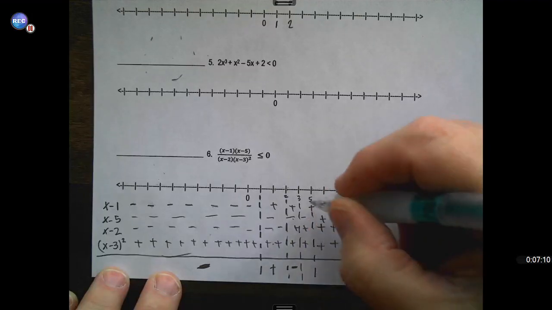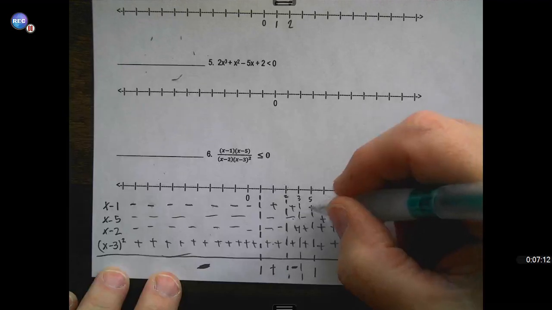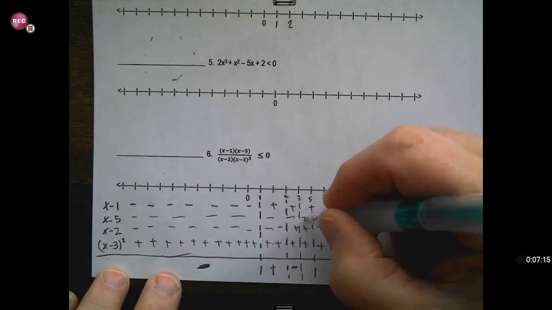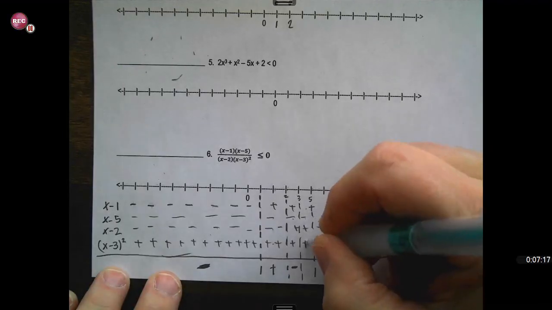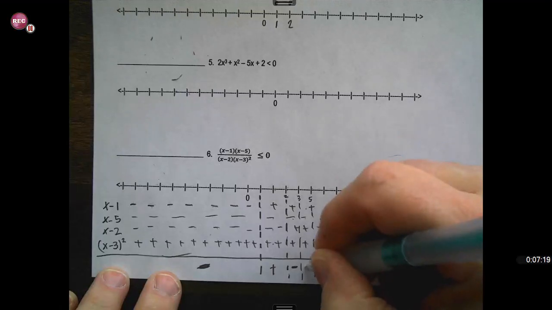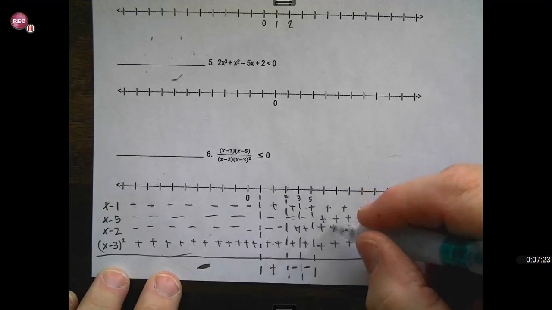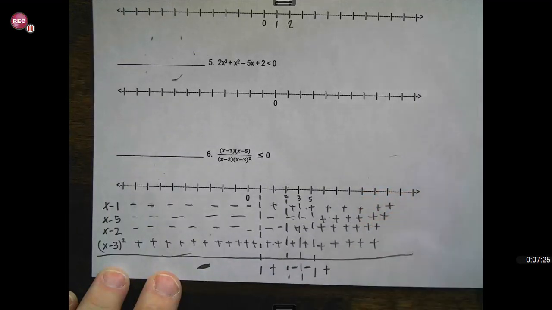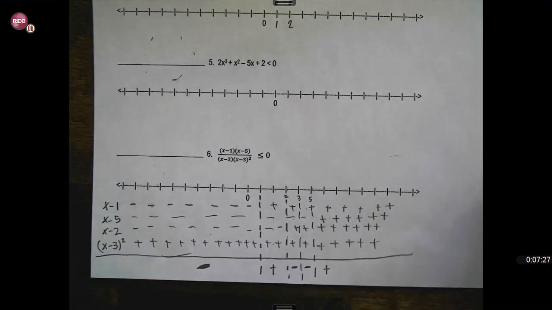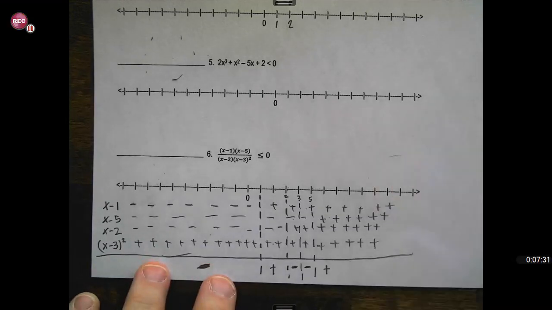In between 3 and 5, I have positive, negative, positive, positive. That's going to be negative. And then positive, positive, positive, positive will be positive. So the tricky part here is what's going on between 1 and 5, because those are both negative.